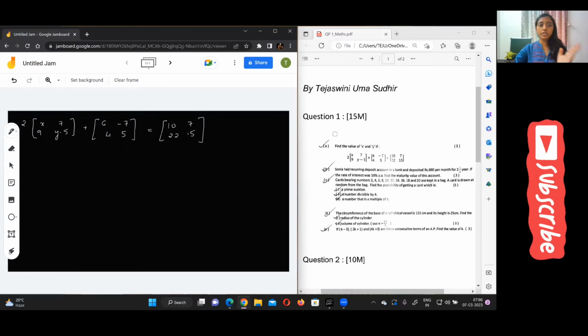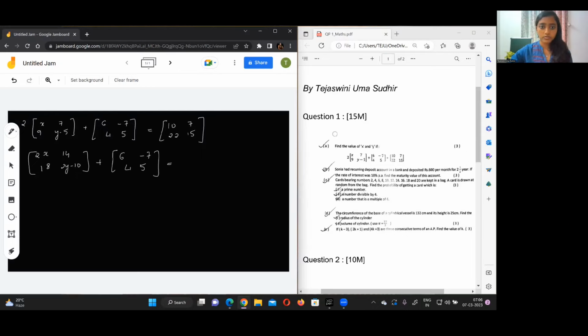When it's written 2 into this matrix, you can directly multiply. So we say 2x, 14, 18, and 2y minus 10 is the first matrix, plus [6, minus 7; 4, 5] is equal to [10, 7; 22, 15].